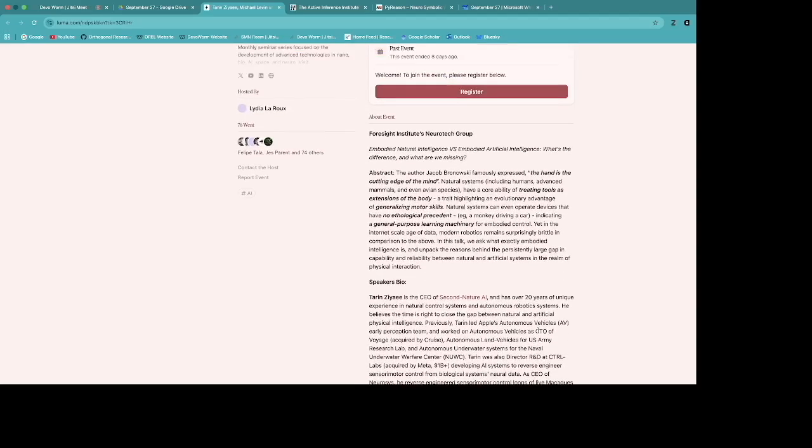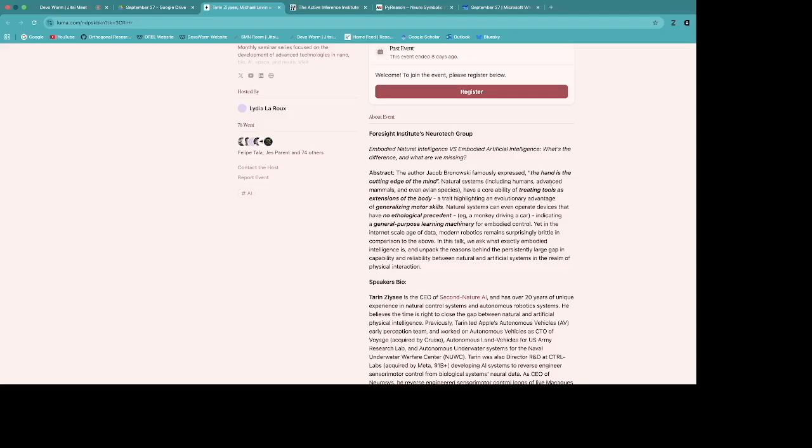And so, let's see, the abstract reads, the author Jacob Bronowski famously expressed, the hand is the cutting edge of the mind, meaning things are translated into movements in the body from the mind. So it's not just in the brain as activity in the world is a major component.